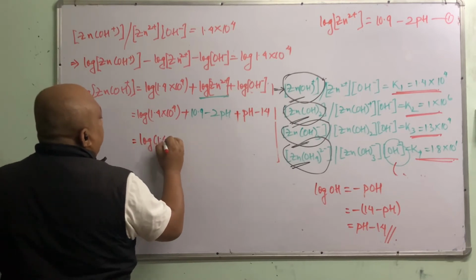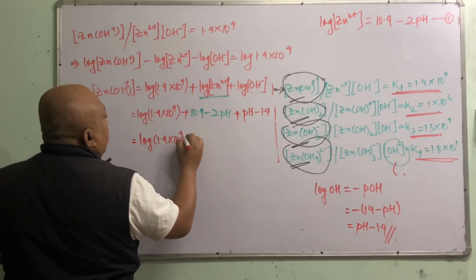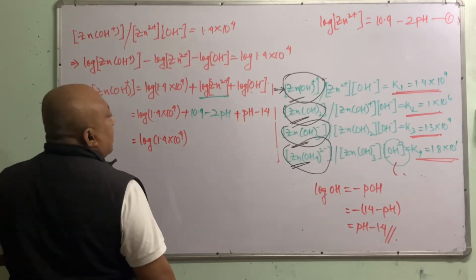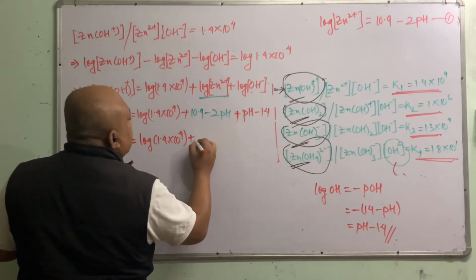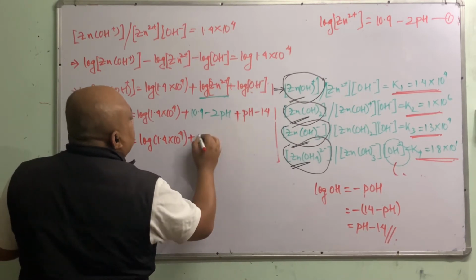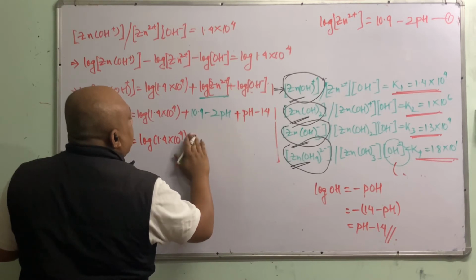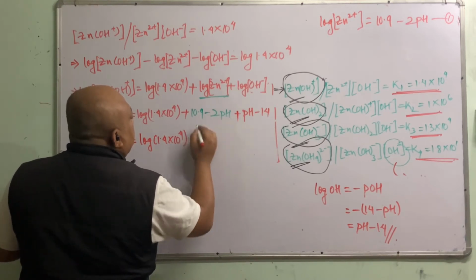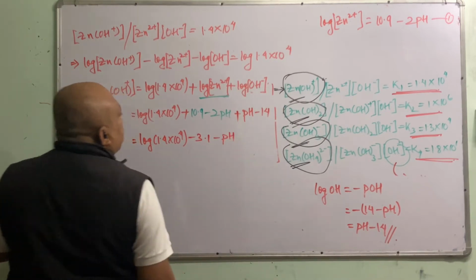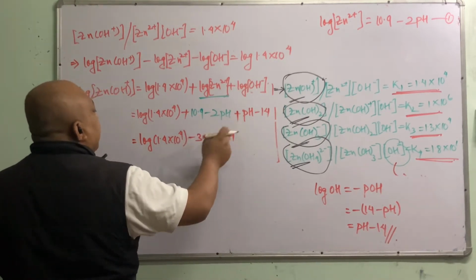So this is log of 1.4 into 10 to the power 4 plus 10.9 minus 14, that is minus 3.1, minus pH plus pH. Correct? Minus 14 and 10.9 is minus 3.1.